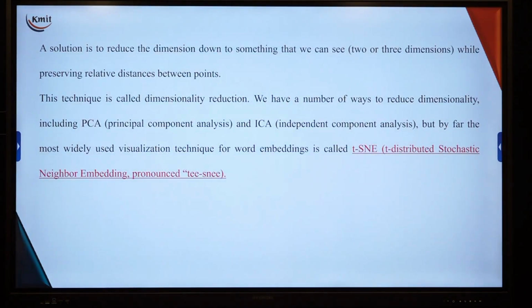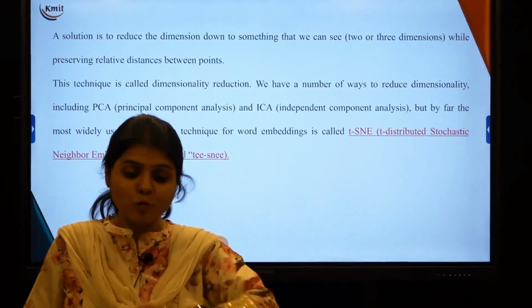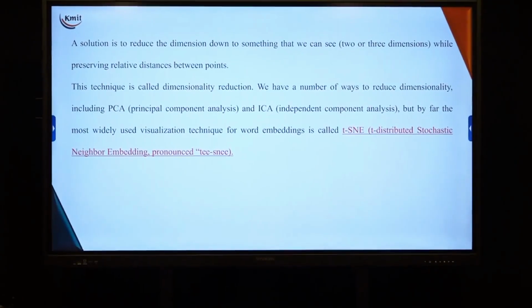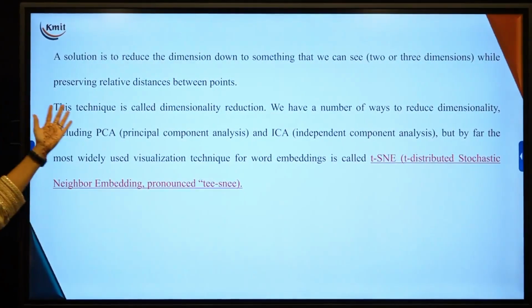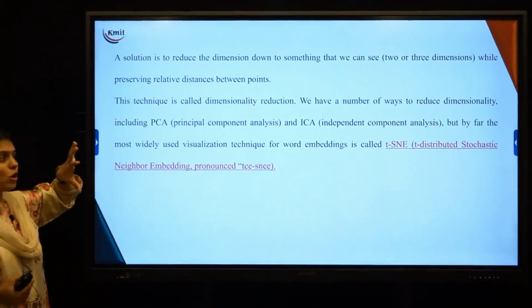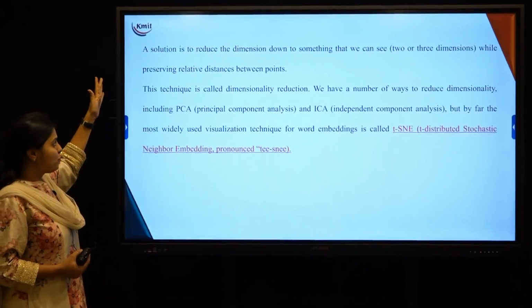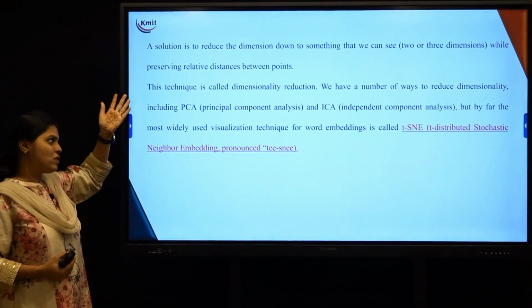If you have more words, then putting so many words in the 3D space would be clumsy, right? To overcome that disadvantage, which is called the dimensionality reduction problem, we use principal component analysis, like what we have done in machine learning.